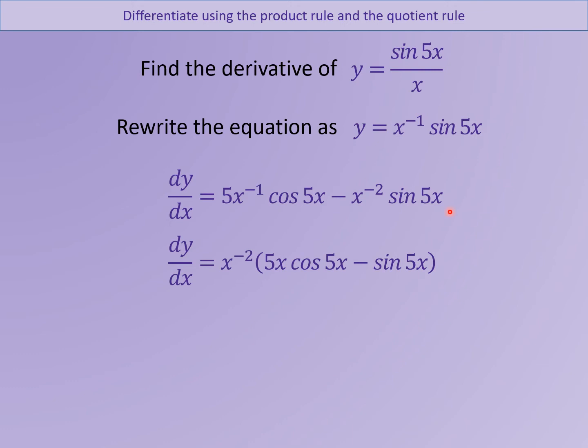Okay, so how far did you get? Interestingly, to be able to divide, I need to take out at least x to the minus 2. If you wrote this as over x and this part as over x squared, that would be okay.